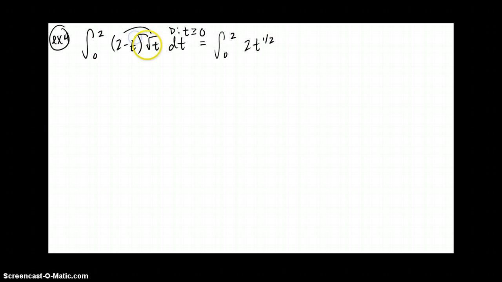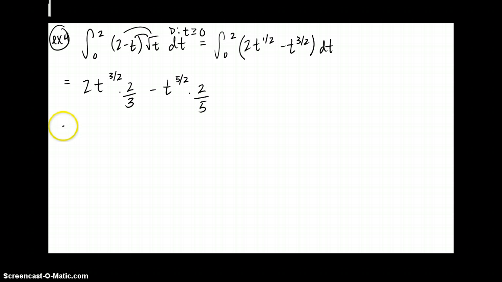Distributing this in, t to the first times t to the half would be t to the 3 halves. Add 1, dividing by 3 halves would be multiplying by 2 thirds. Add 1, dividing by 5 halves would be multiplying by 2 fifths.